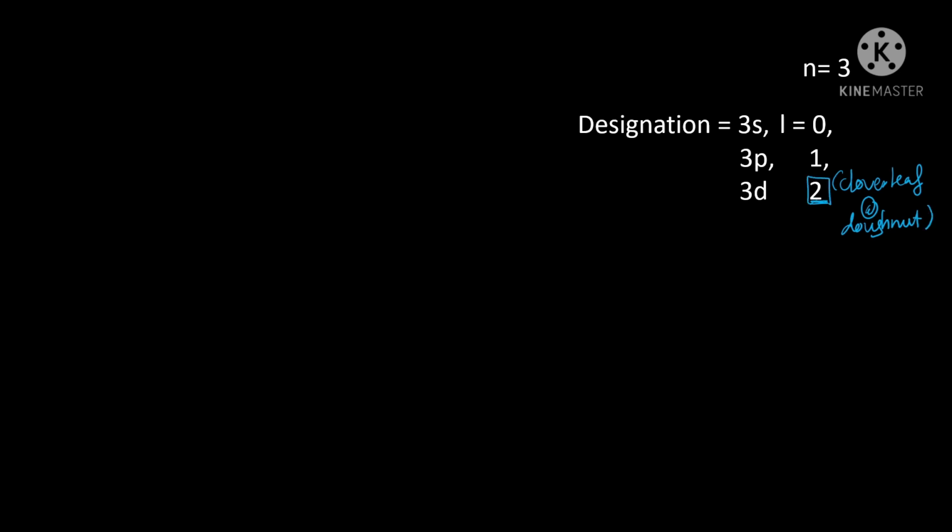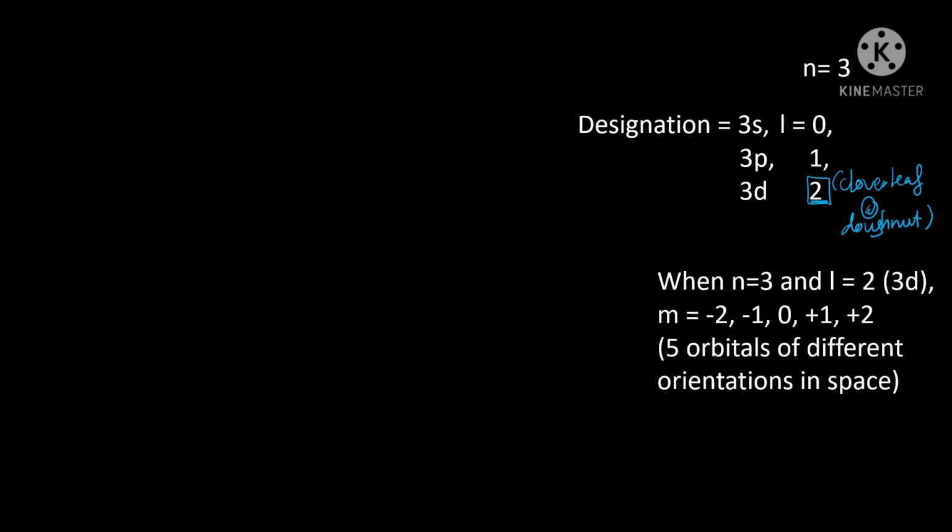For L equals 2, there are 5 allowed magnetic quantum number values, which are m equals -2, -1, 0, +1, and +2. As there are 5 allowed magnetic quantum numbers that can be written, it means that there are 5 orbitals of different orientations in space in the 3d subshell.